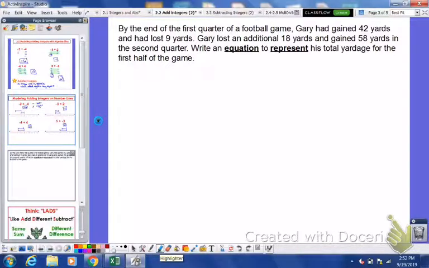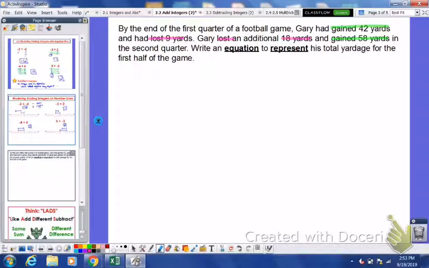He gained 42 yards. I want to find out all my gains first. So he gained 42 yards, then eventually he gained another 58 yards. And if we go back, he lost 9 yards and then lost 18 more yards.